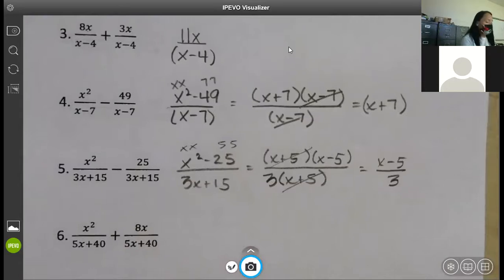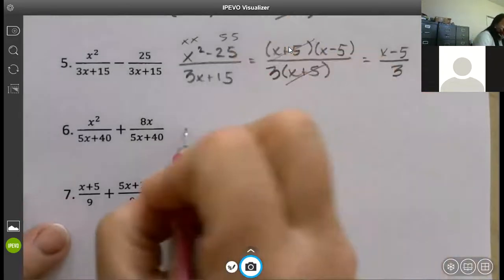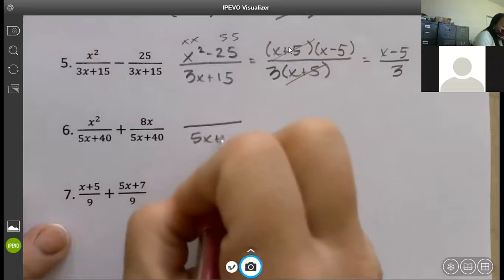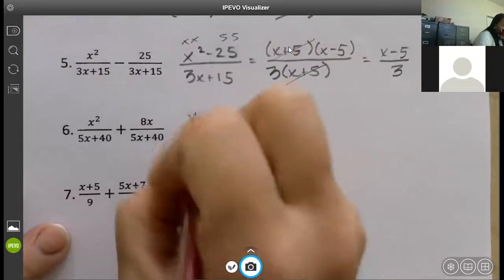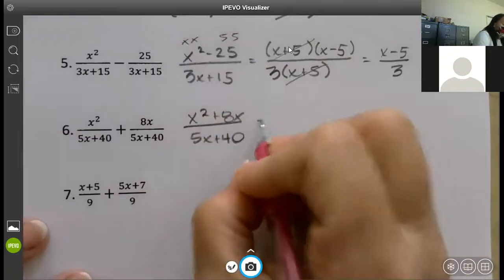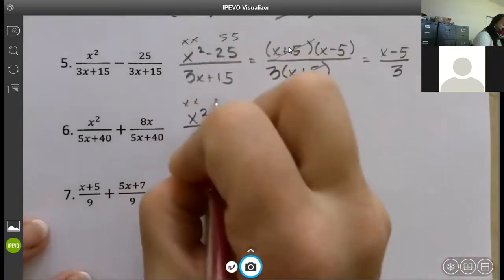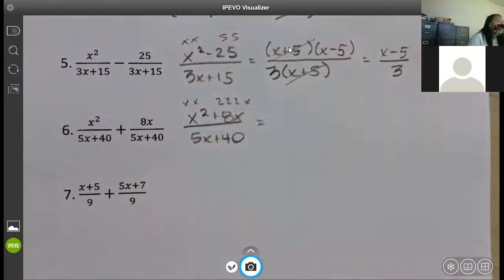Okay, real quick. The next one is exactly the same. On the bottom, we have 5x plus 40. On the top, we squeeze together x squared plus 8x. On the top, these are not pairs and shares. And again, if you break it down, you'll see that it is not pairs and shares.